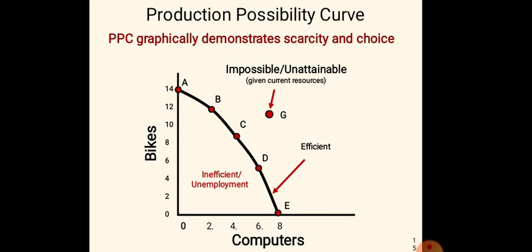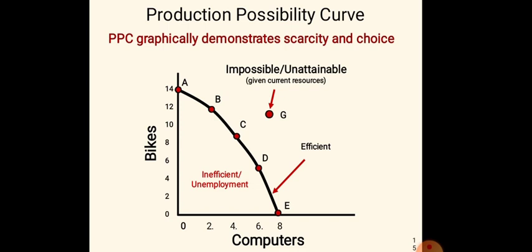Any point lying outside a PPC like point G is an unattainable combination, which means that it is just a higher combination of production of both the goods, that is in our case bikes and computers, and with our given resources and technology we cannot achieve that.